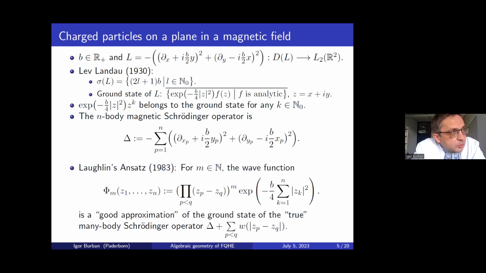Now, one of the contributions of Robert Laughlin, and as I mentioned, Laughlin later got a Nobel Prize for his work, was the following: for a system of interacting particles, it is natural to consider the following wave functions phi_m, in dependence of m, where m is some number which is reflected by the physics. So what is this function phi_m?